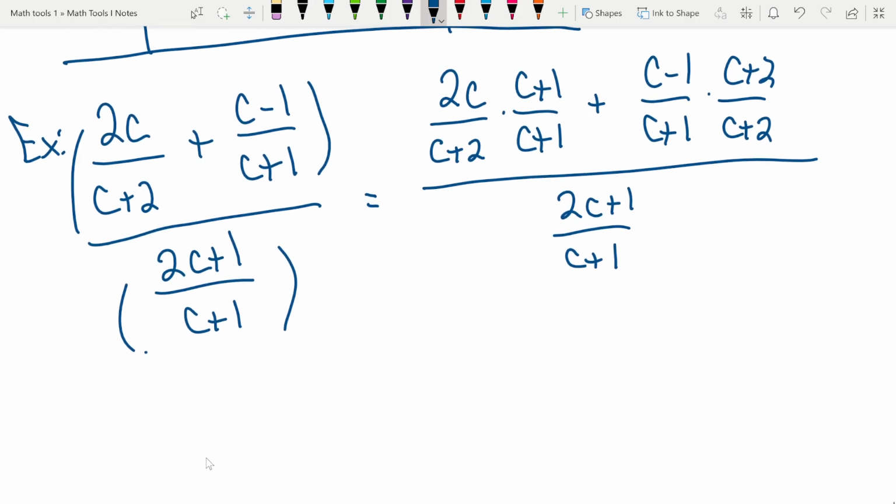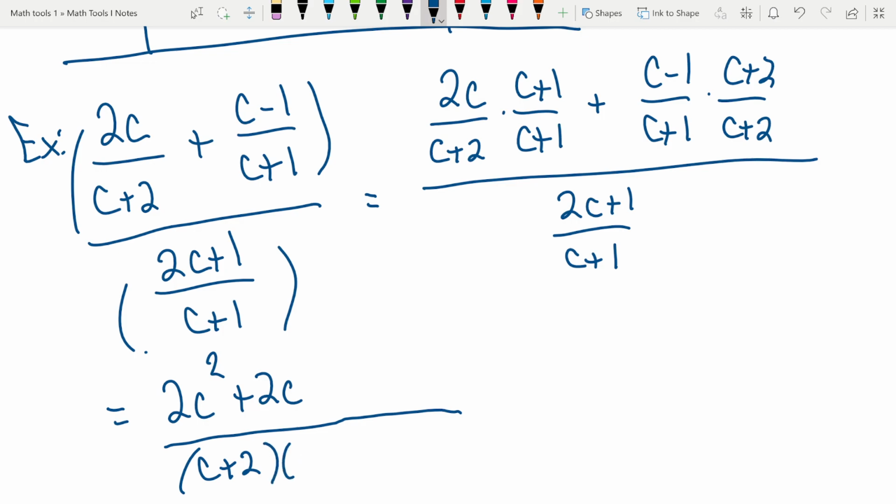So if we just do that multiplication, do we want to multiply out yet? Yeah, we do want to multiply the top out so that we can combine them, right? So we'll get 2c squared plus 2c. I'll go ahead and put it all over 1 right away. They're over c plus 2 times c plus 1.